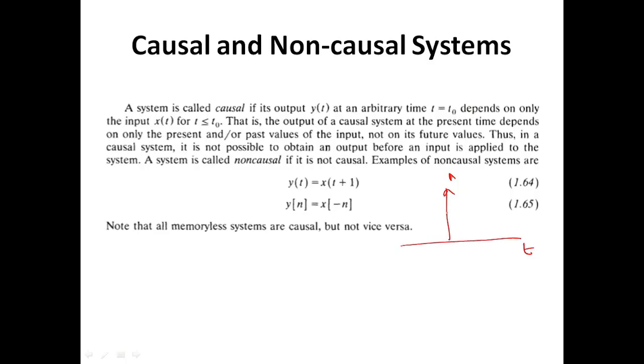The current output, say at t equals 0, would be causal only and only when all your signal components are towards the left-hand side of the output signal.